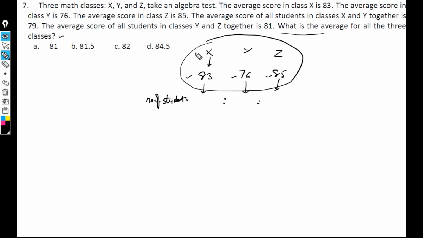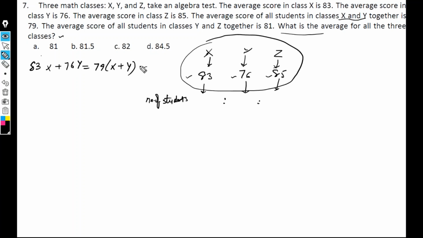Now, further, I am assuming, let's say in class X there are x students, in class Y there are y students, in class Z there are z students. He says the average score of all the students in X and Y together is 79. So now can I say that 83x plus 76y equals 79 into x plus y, just equating the total score of the two classes.